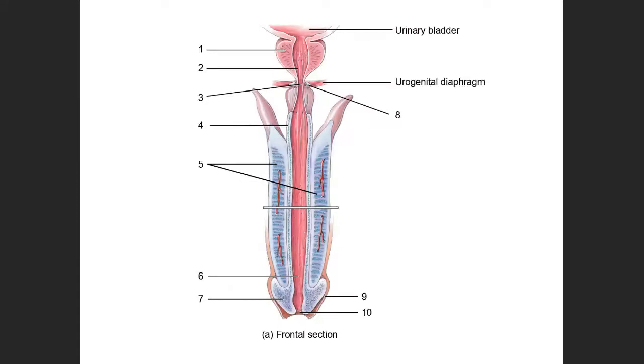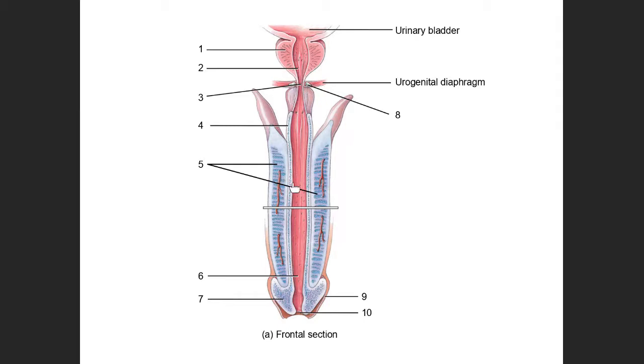In the next picture, you can see number 1, the prostate, number 2, the prostatic urethra, number 3, the membranous urethra, number 4, corpus spongiosum, which contains the penile urethra, which is number 6.